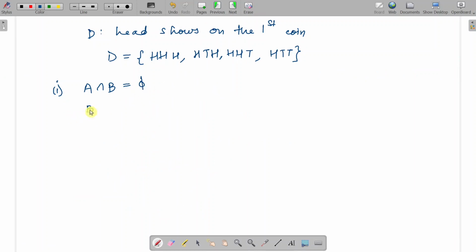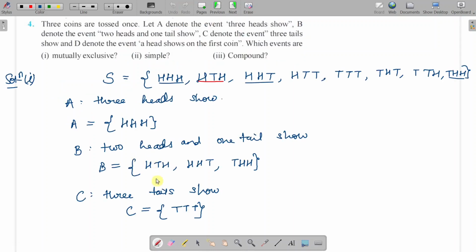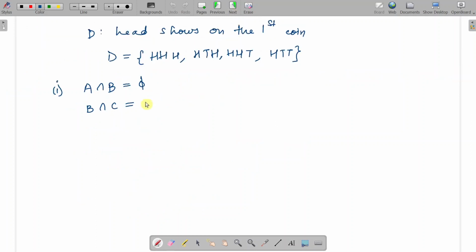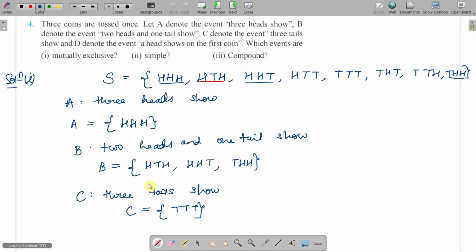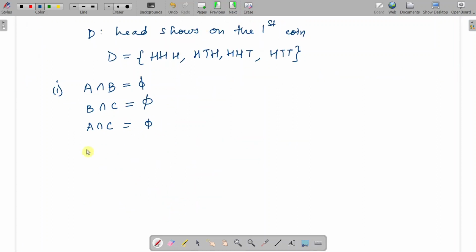Then if we look at B intersection C, then you can see that again there is no sample point common between B and C. So it is empty set here, right? Then if you look at A intersection C, there is no common point, so it is empty set.